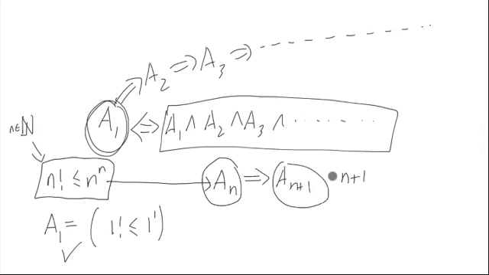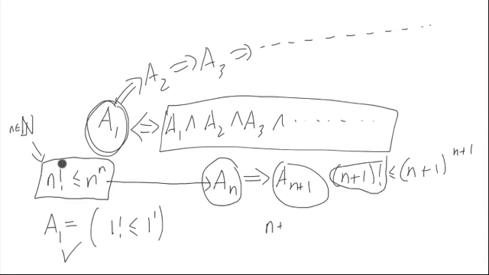Now, let's take a look at this one. n plus 1 factorial is less than or equal to n plus 1 to the n plus 1. So we want to get here by first using this guy. Let's start on the left side and see if eventually we can get over to this side in an inequality using this part.